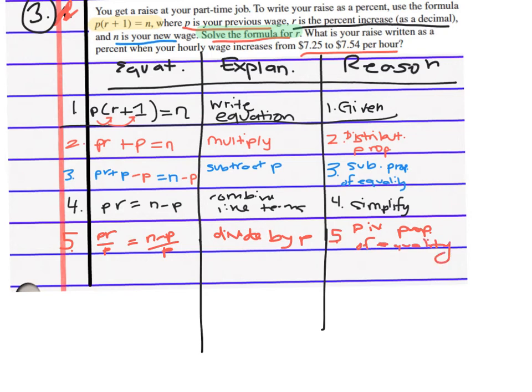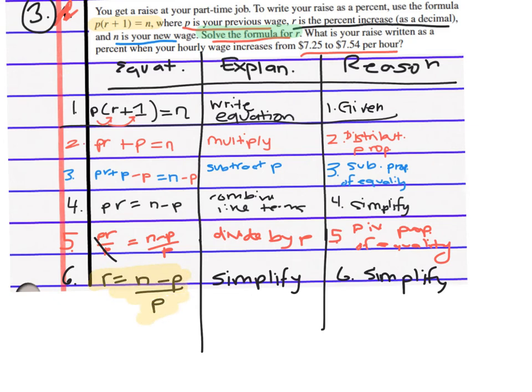Okay, and then my answer, these P's will cancel, so R equals (N minus P) over P. Okay, so we just kind of simplified. So I answered the first part. I'll highlight that. Here is my equation solved for R.